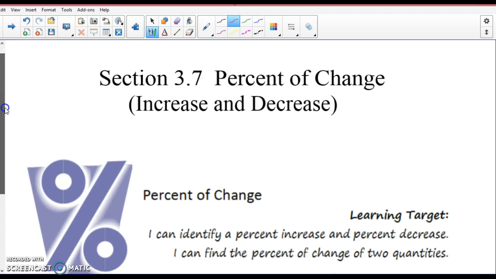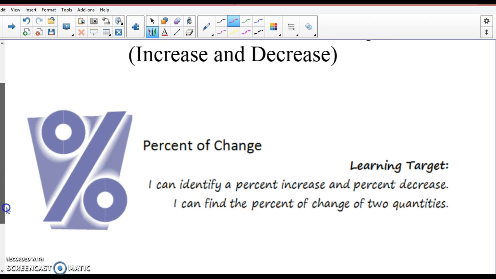Percent of change is either going to be an increase, which means it's going up, or a decrease, which means it's going down.